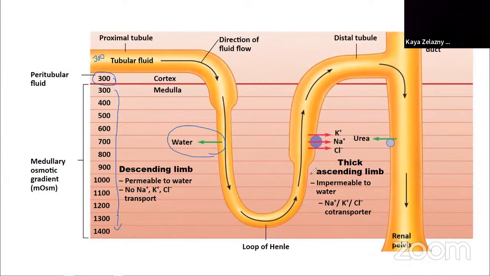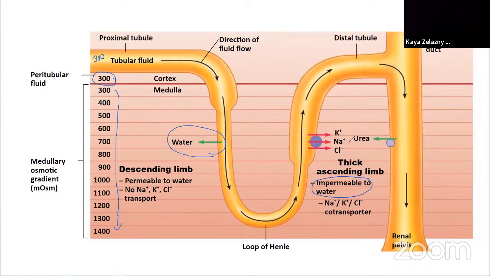In the ascending limb, what we'll find is that it is actually impermeable to water. So water cannot cross the membrane of the thick part of the ascending limb specifically. These membranes basically can't do osmosis. They don't let water across. So we won't see water movement here in the ascending limb.